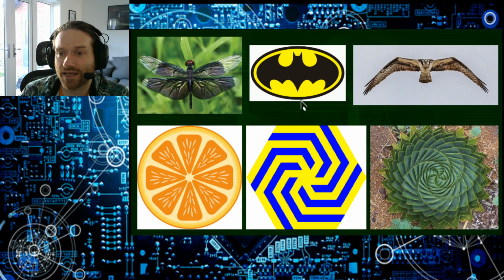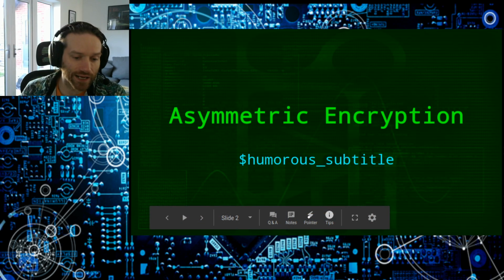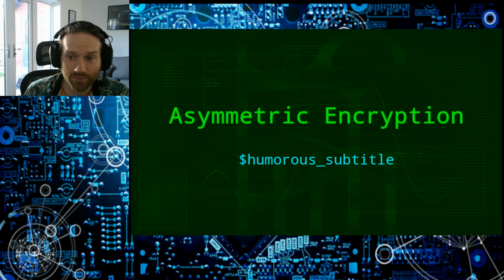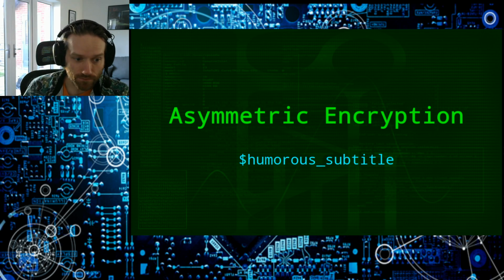But symmetry is a key thing. We are going to have a look today at asymmetric encryption, which, you know what symmetry means. What about asymmetry? What does asymmetric mean? Ooh, math, yes. What does asymmetric symmetry mean?